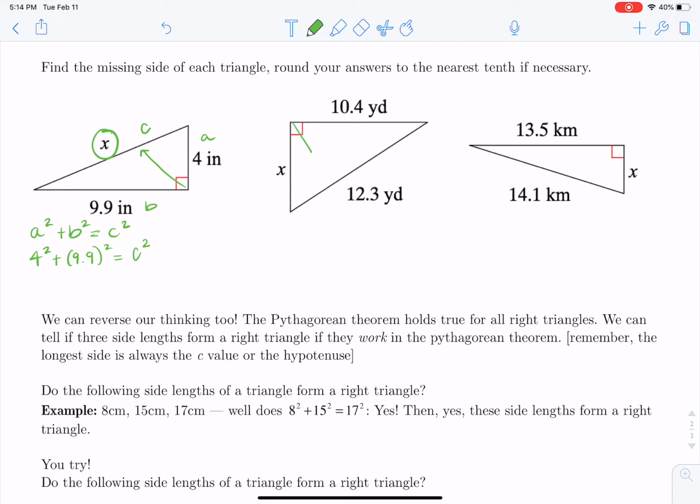This over here, if I make my line through my box, this is my C value. So let's go ahead and call this A and this B. So A squared plus B squared is equal to C squared, or A squared plus 10.4 squared is equal to 12.3 squared.